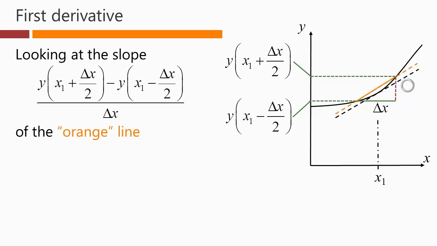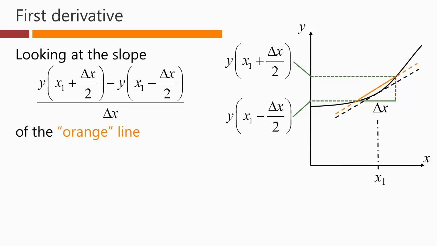So that's our delta y, and our delta x, of course, is just whatever we chose it to be. So the slope of this orange line, this upper line here on the curve, is by definition delta y, the difference in the values of y, divided by the difference in values of x. This is delta y over delta x. That's the slope of the orange line.